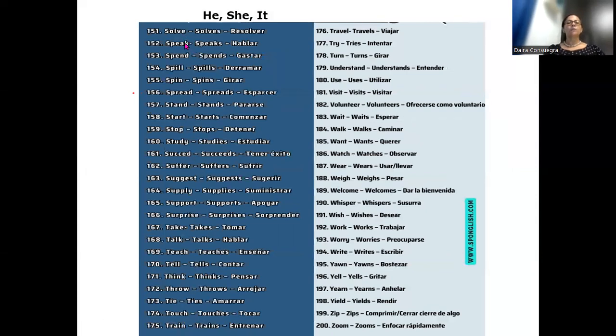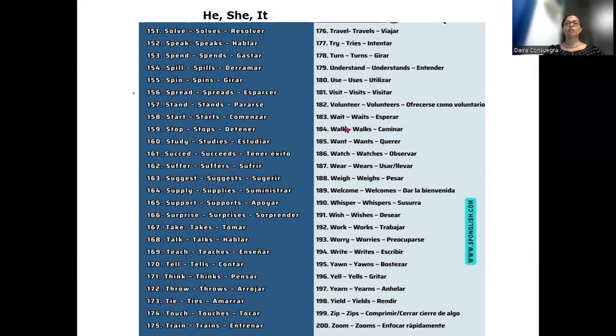Solve, speak, spend, spill, spin, spread, stand, start, stop. Study, succeed, suffer, suggest, supply, support, surprise, take, talk, teach, tell, think, throw, tie, touch, train.